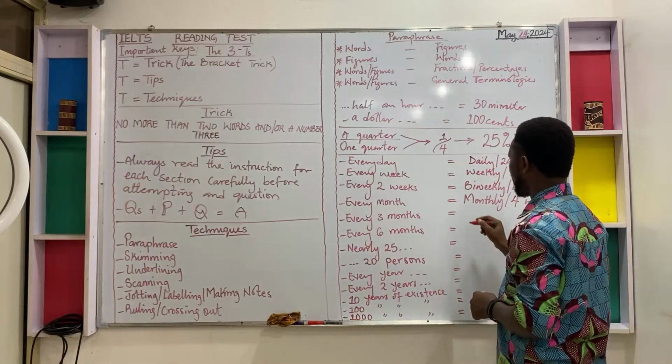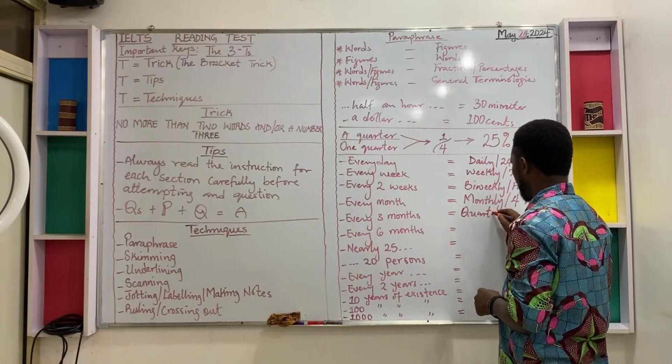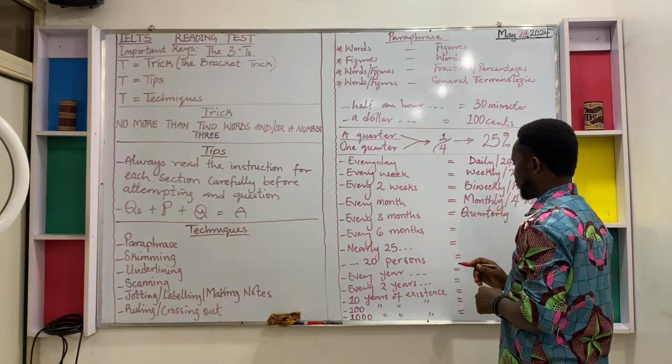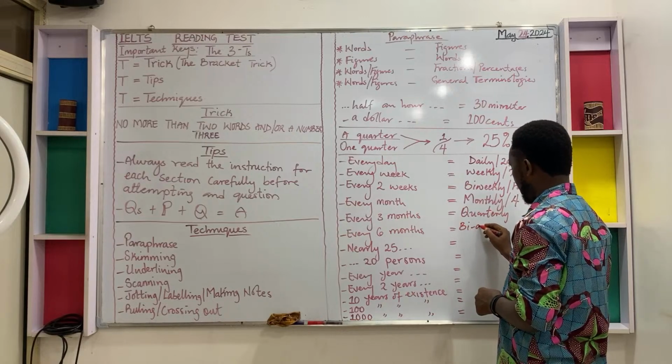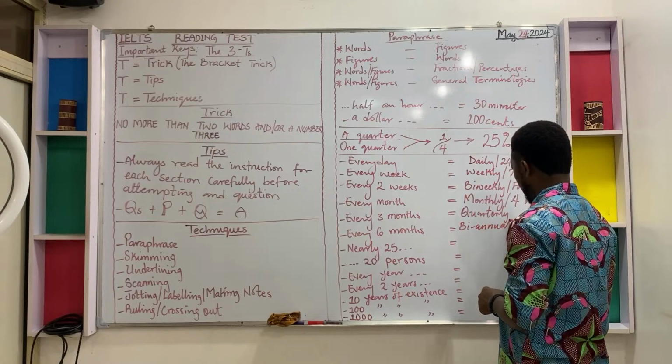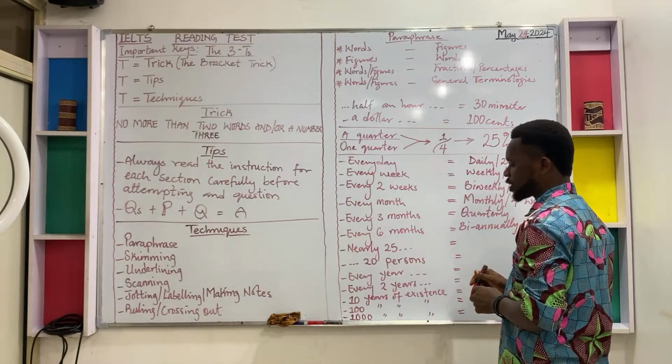Every 3 months, quarterly. Every 6 months, biannually. Okay, nearly 25.